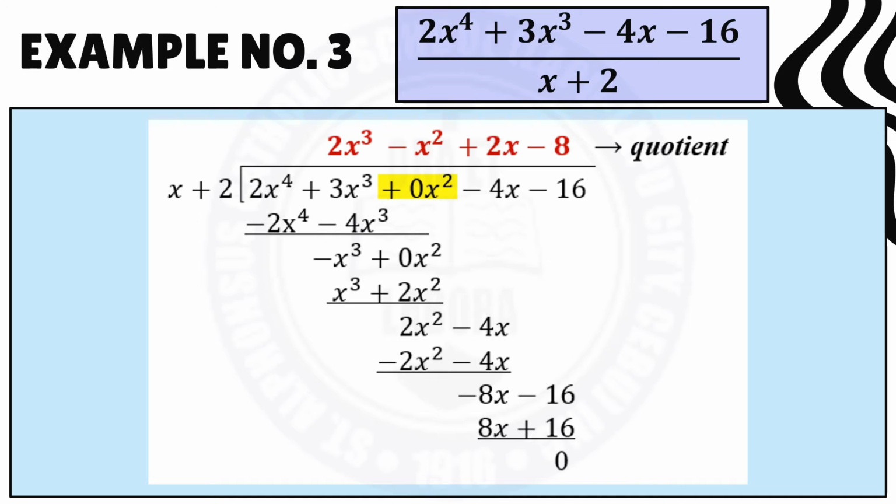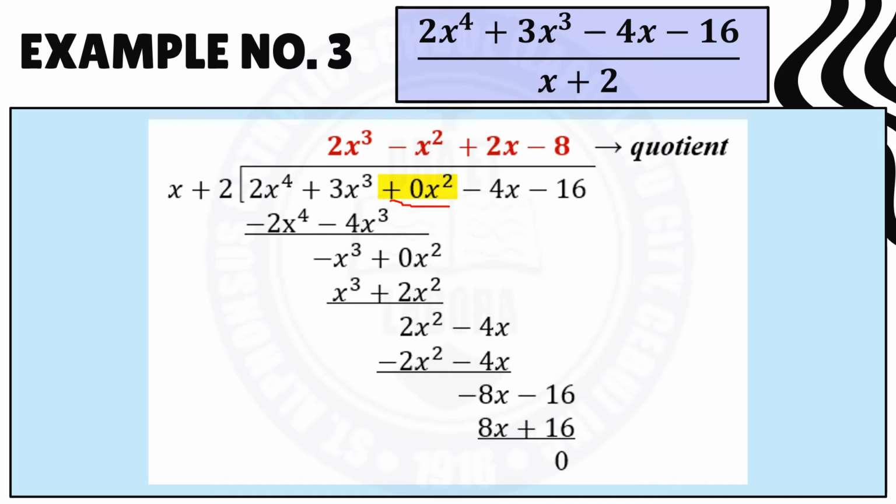Therefore, as a placeholder, we will be inputting 0x squared. So if ever there are some missing terms, we need to input 0 with the missing literal coefficient of the given dividend, so that it will serve as our placeholder.